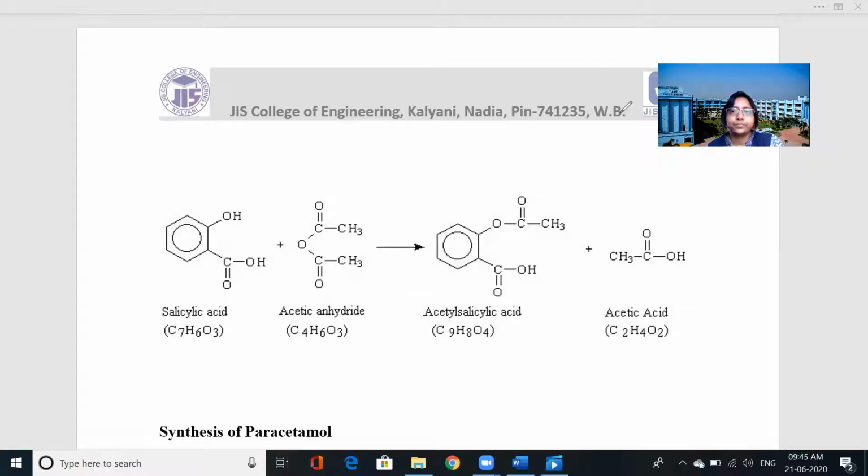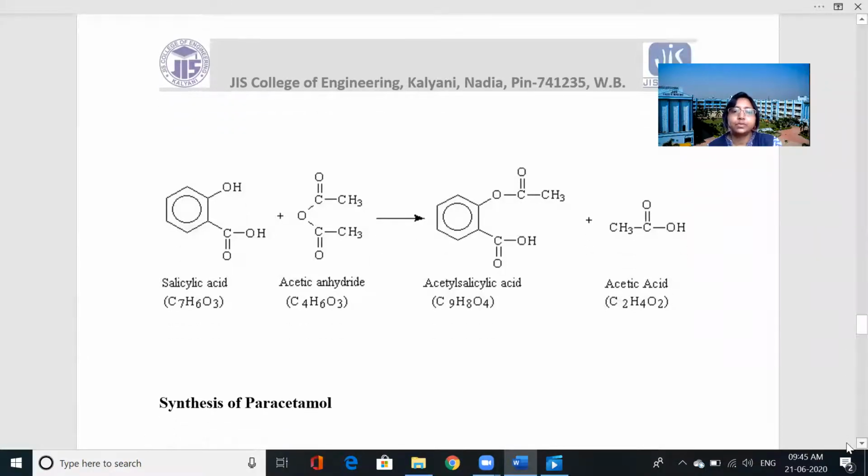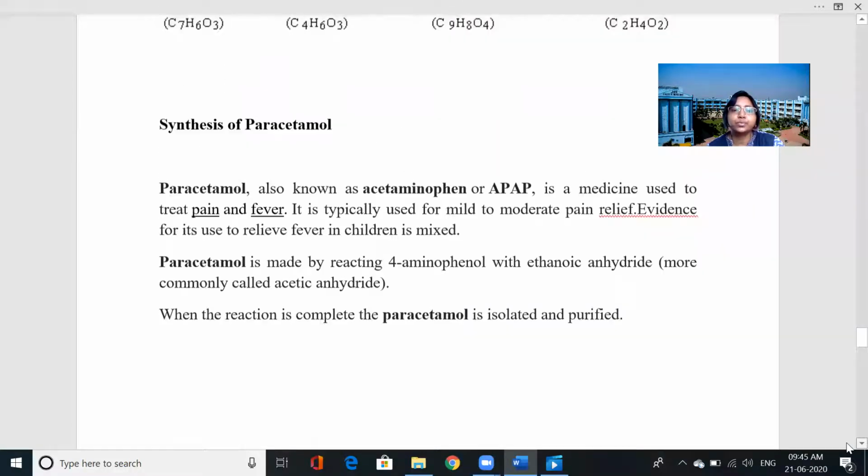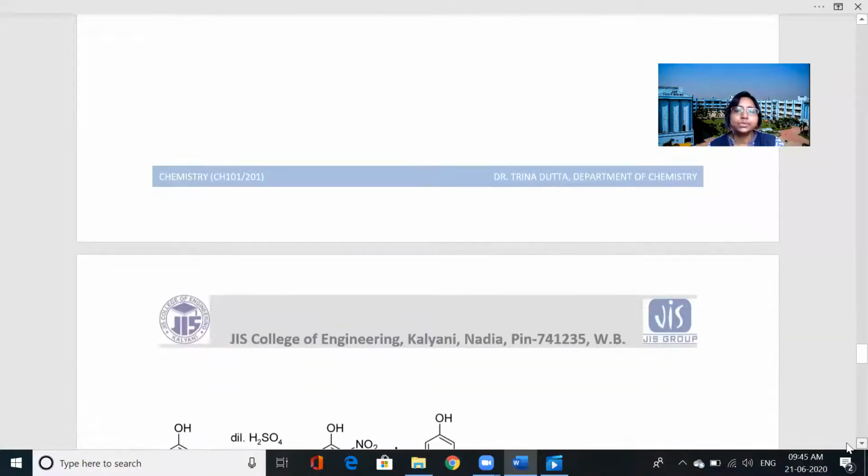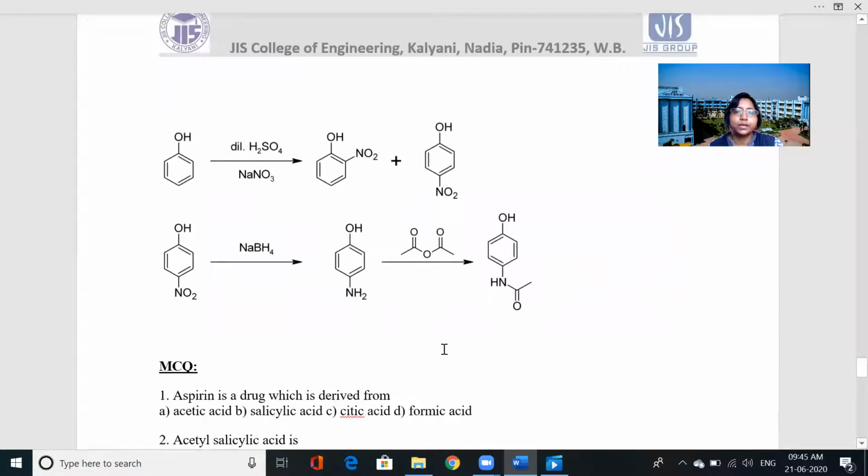Next, for paracetamol. So for paracetamol, which reagents do we use? We use 4-aminophenol and acetic anhydride.